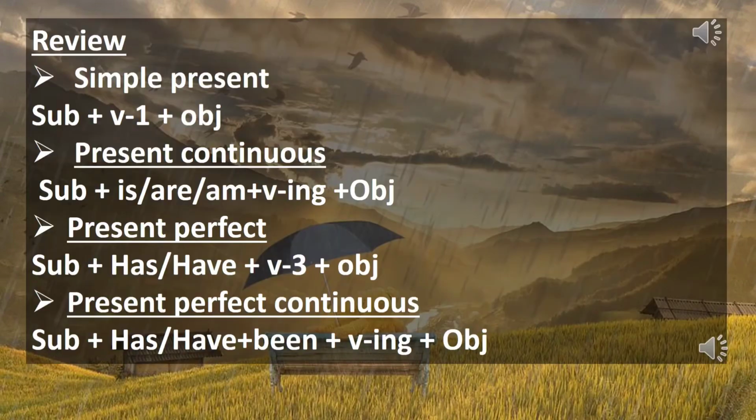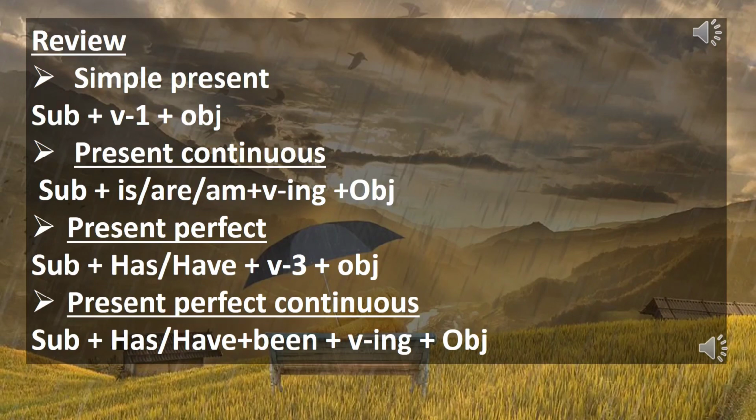Now let us have a quick review of what we have studied so far. We have seen the 4 divisions of present tense as simple present, present continuous, present perfect and present perfect continuous and their formulas.